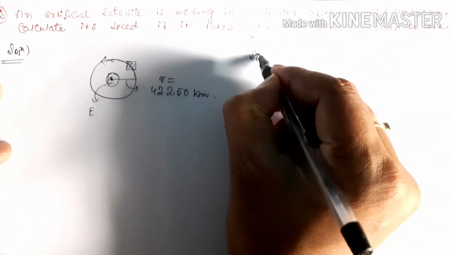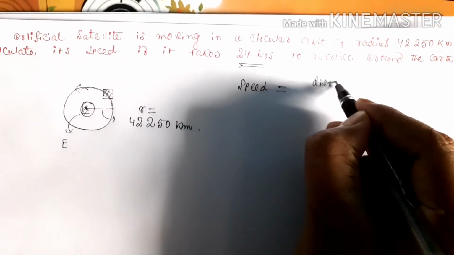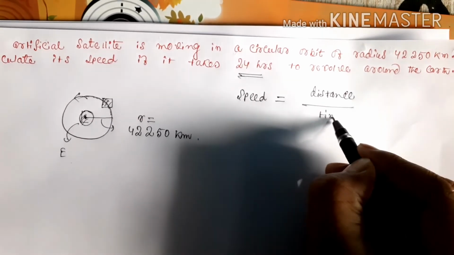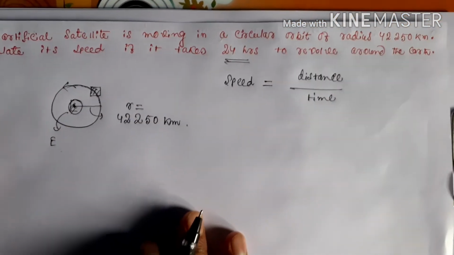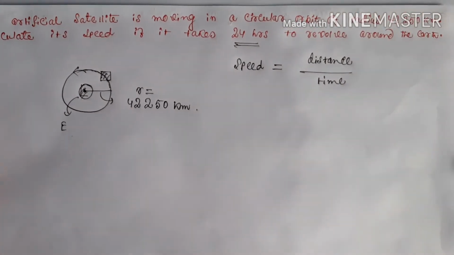We know that speed means distance divided by time. So what is the distance in a circular orbit?